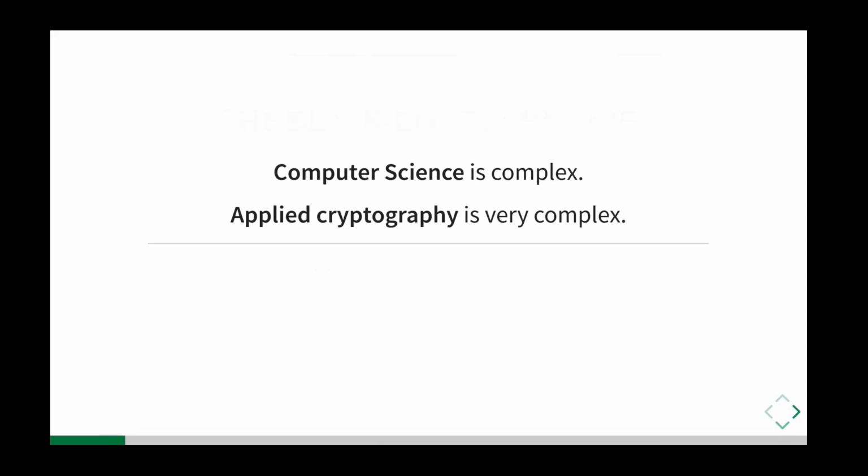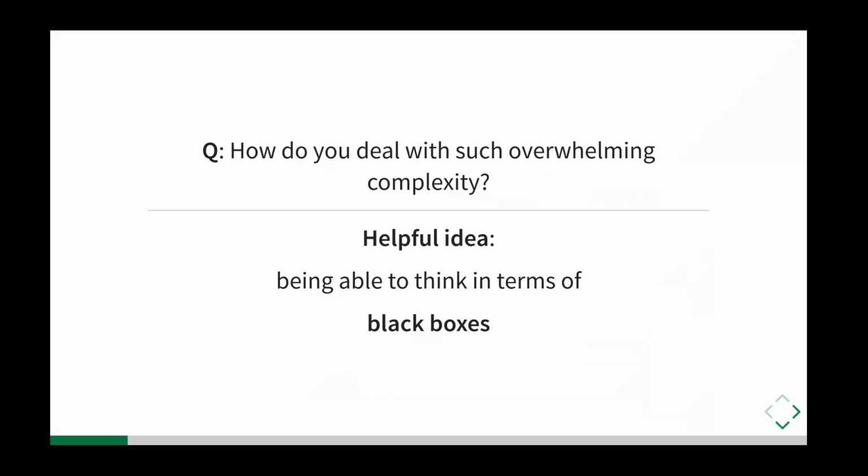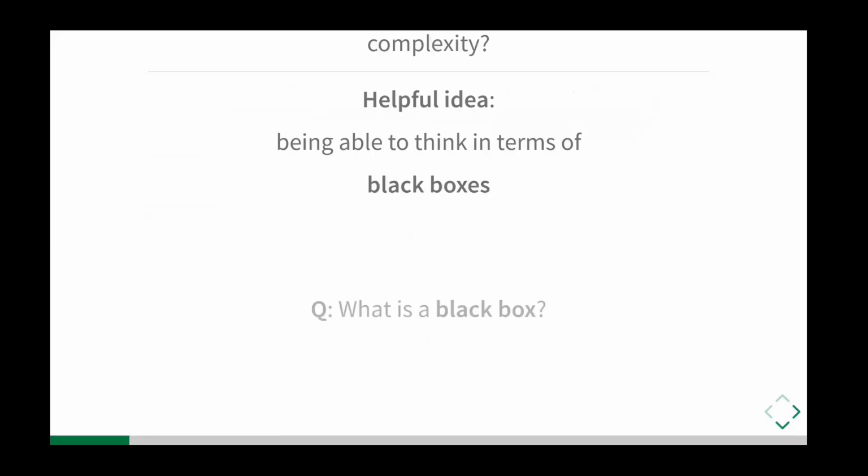Applied cryptography, which is the subject of this course, is very complex because we have to deal with notions of security, of cryptography, and also implementations of network protocols. So the question is, how do you deal with such complexity? How do you make sense of it? A helpful idea is to be able to think in terms of black boxes. You probably already did this unconsciously, maybe implicitly.